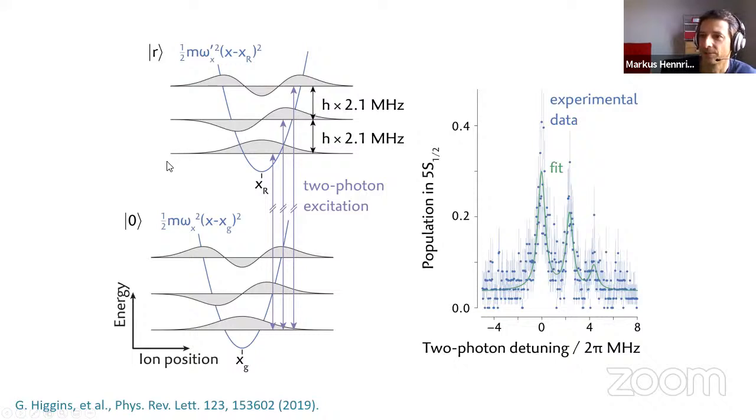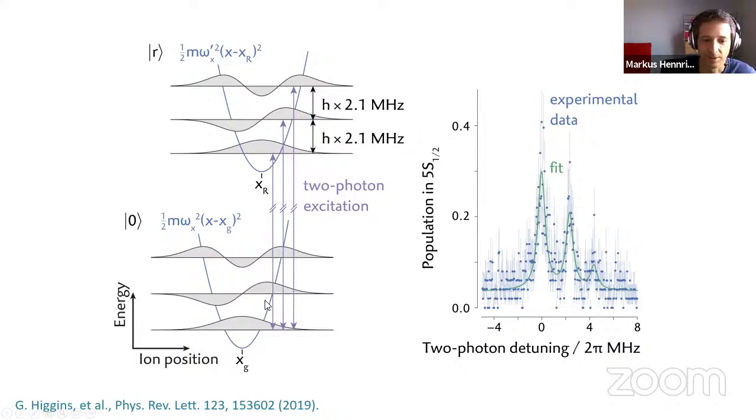Which means if you're not perfectly micromotion compensated, the ground state potential and Rydberg state potential will be slightly shifted with respect to each other. If you now drive transitions, this wave packet and that wave packet are not perfectly the same anymore, or not perfectly orthogonal anymore. So you can drive transitions between them because they are not orthogonal to each other anymore.